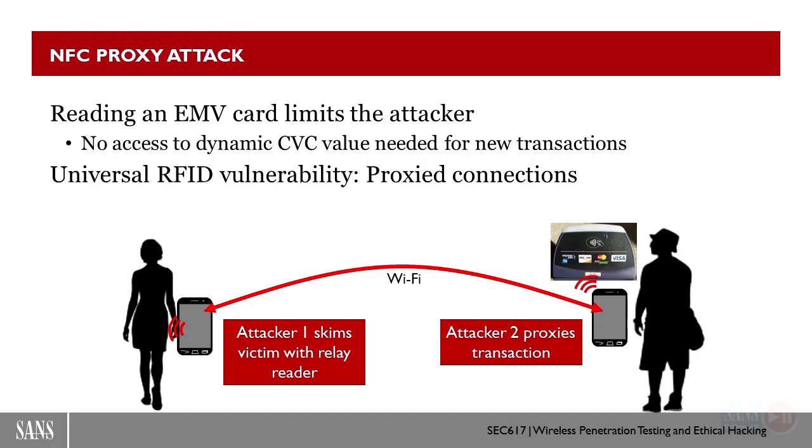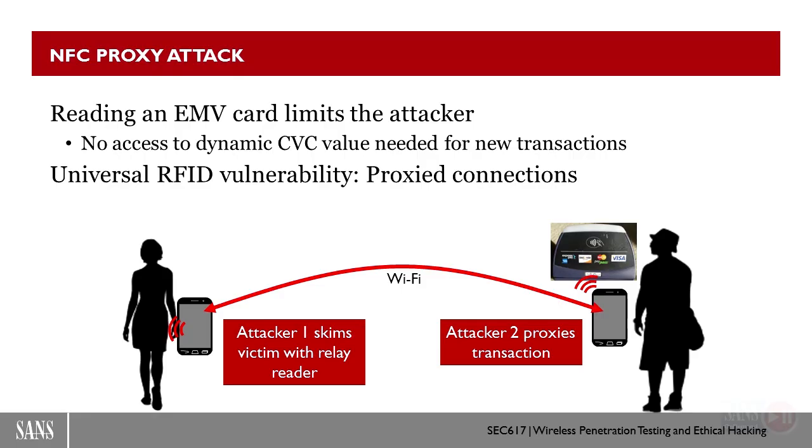Some other ones too, with the NFC stuff, we talked about doing that proxy earlier, about being able to read and send data over a low latency link in near real time to, in fact, another location. So we could capture from the subway and replay to the door potentially. We can't do so with EMV simply because we don't have all of the data. We need that CVC as part of the read.